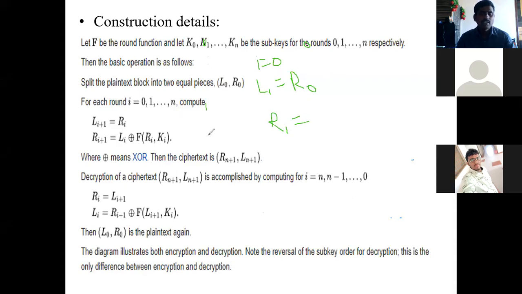Let us discuss: L(i), meaning L0, exclusive OR the round function of R(i), meaning R0, comma, K0. If i is equal to 0, then R1 is equal to L0 exclusive OR F of R0, comma, K0.